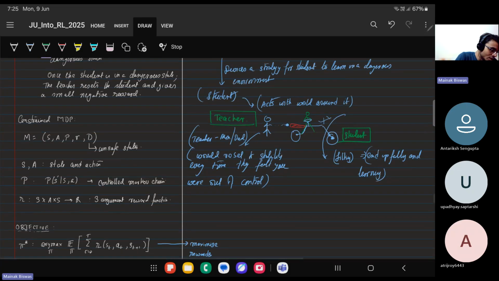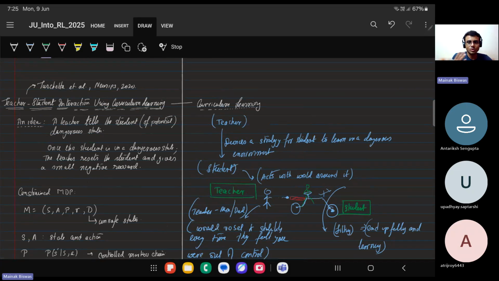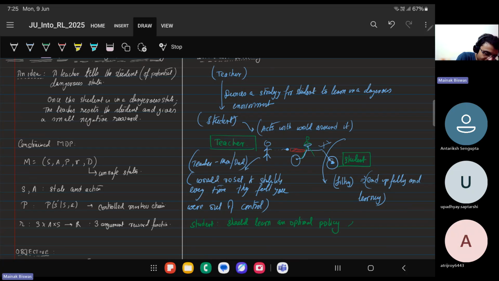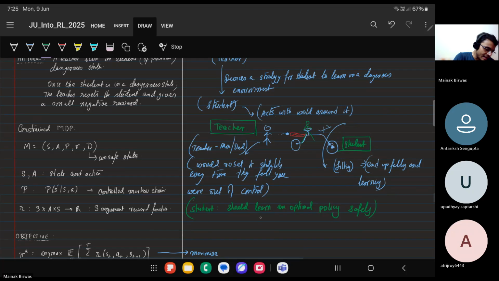So the teacher's goal is to create these curriculums and the student's goal is to learn a policy. The student should learn an optimal policy safely, with limited effort from the teacher.